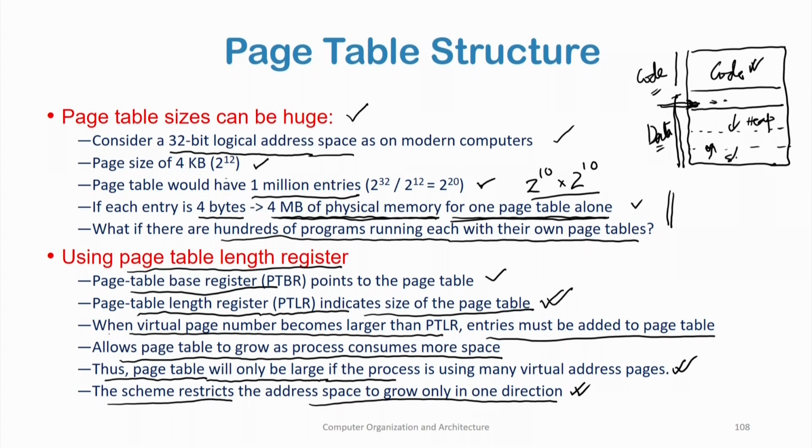and I have a stack segment which grows upwards. The stack segment grows when I have to allocate activation records for newly called functions, for nested functions. As I call more and more functions, I will add activation records and the stack for the process will grow.